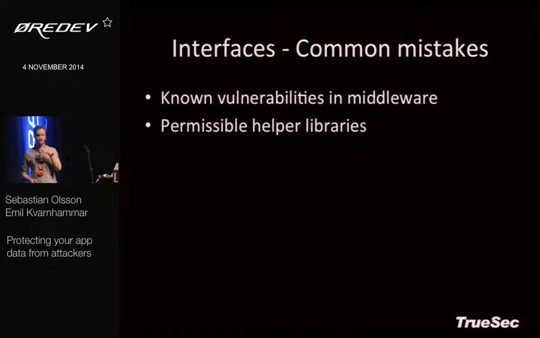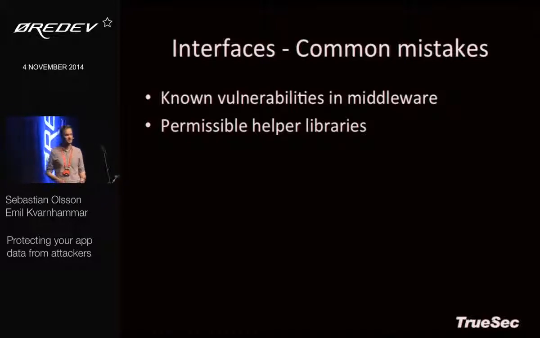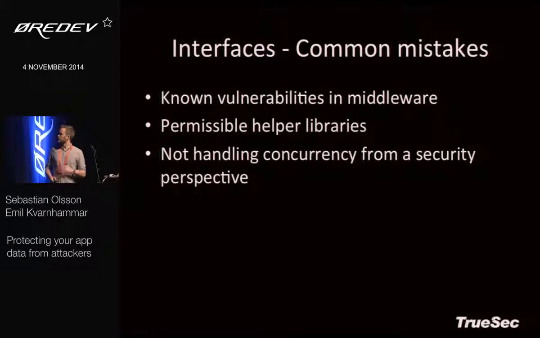And often those parsers are really easy to use for a denial of service attack, because they allow ridiculous amounts of layers or levels of XML objects or large objects and what have you. And we're going to talk a bit about this later, but handling concurrency from a security perspective is very important. So when we have this nice REST interface, we need to think about what happens if two calls come in at the same time.